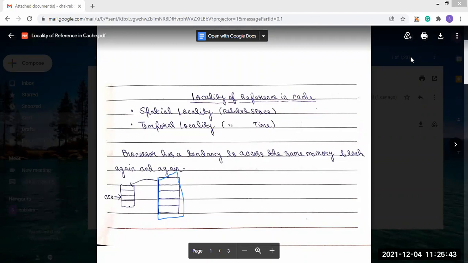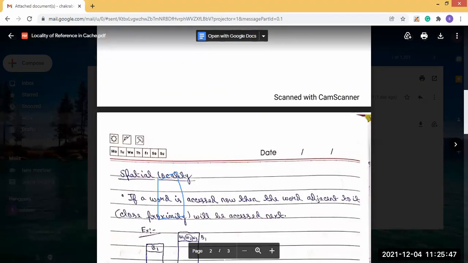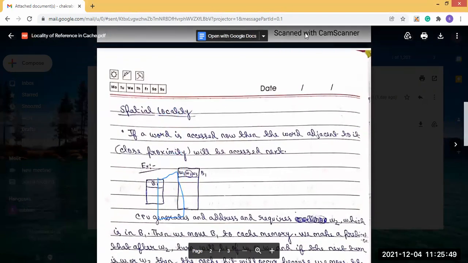Before moving on, let us first understand spatial locality. In spatial locality, if a word is accessed now, then a word adjacent to it, or in close proximity, will be accessed next. We assume that the processor has this tendency to access the same block again and again.